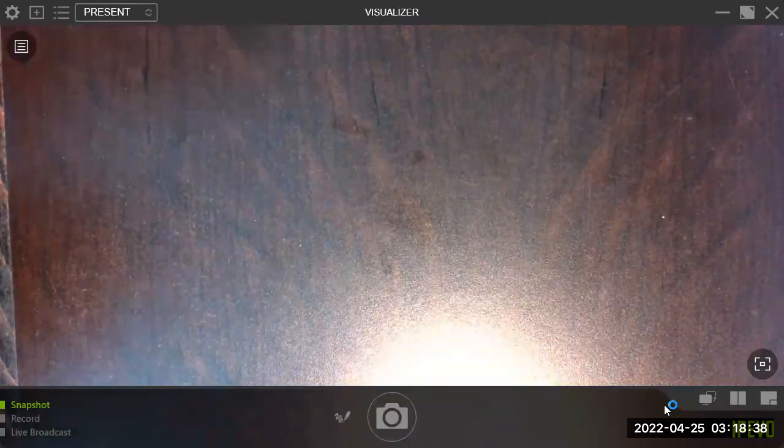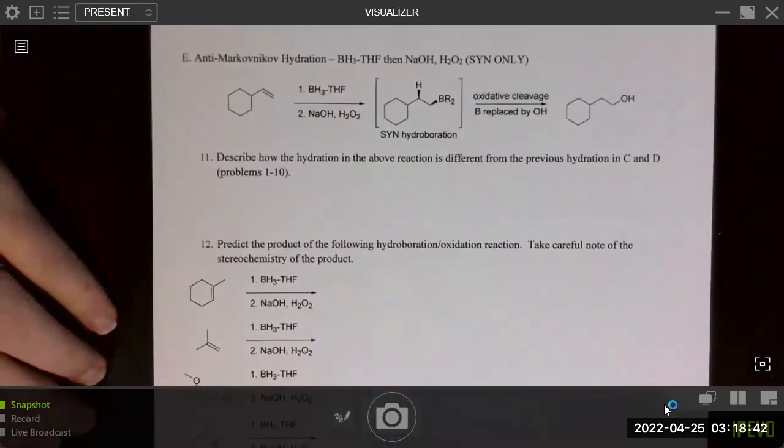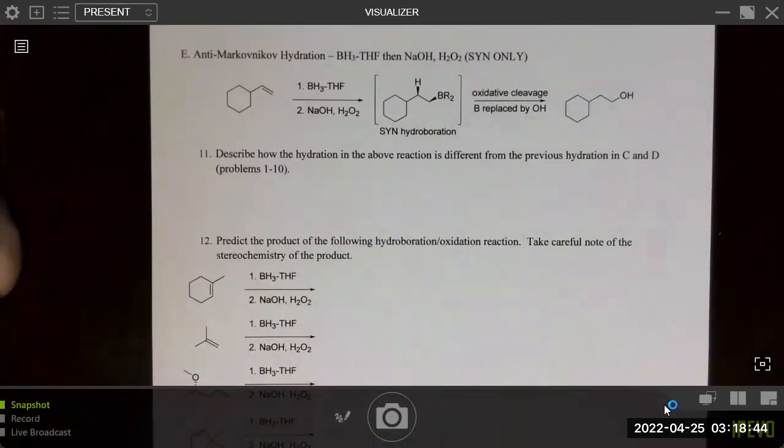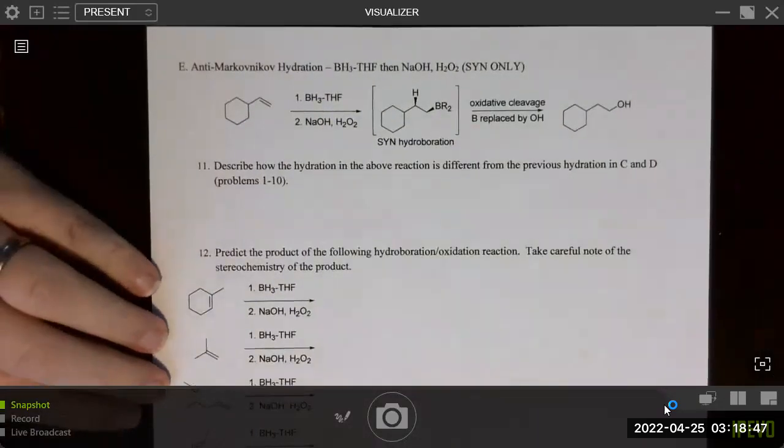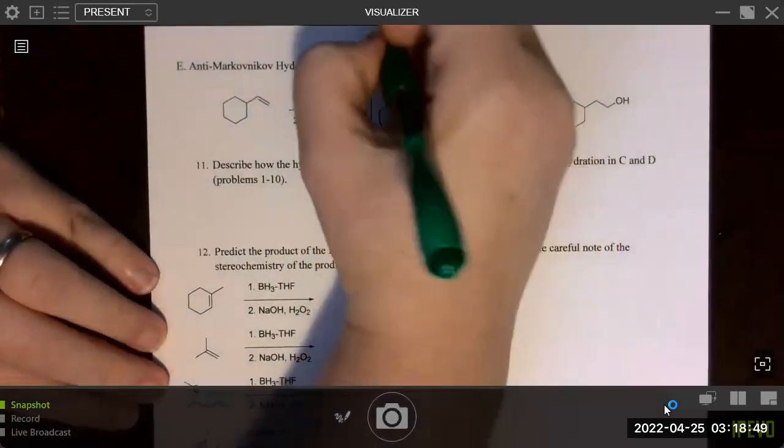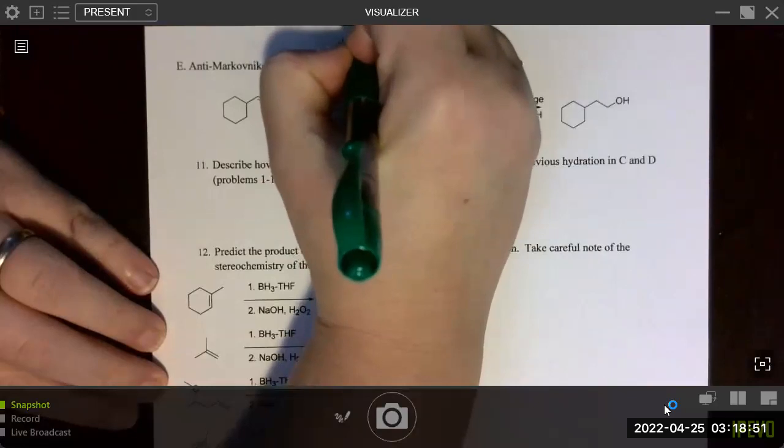Moving on to the next page here. Let's move on to the anti-Markovnikov hydration reaction, which is the one that's actually called hydroboration oxidation.